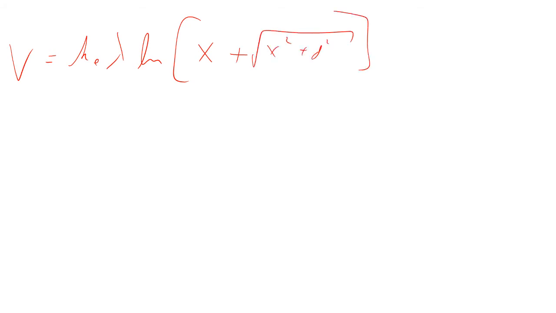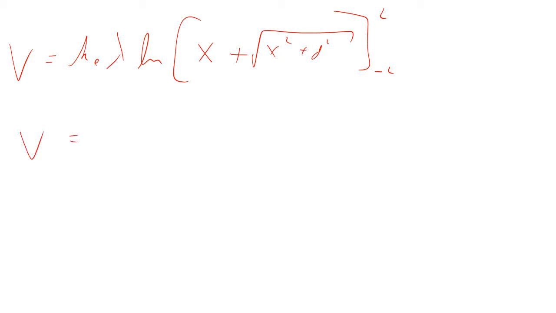So V is k_B lambda times the natural log of x plus the square root of x squared plus d squared, evaluated from minus L to L. All you've got to do is plug that in right there.